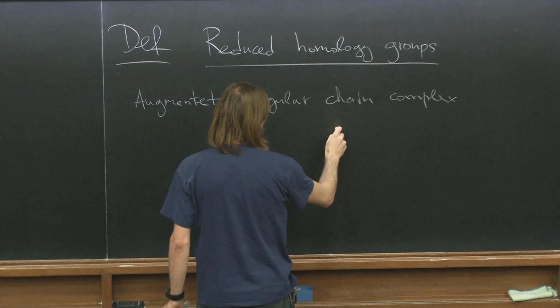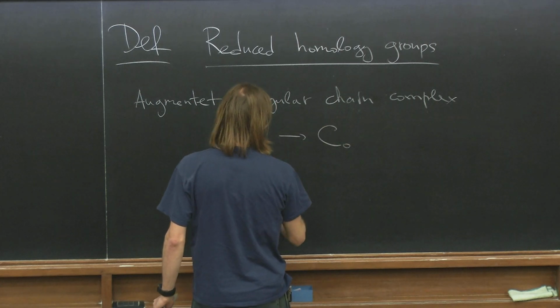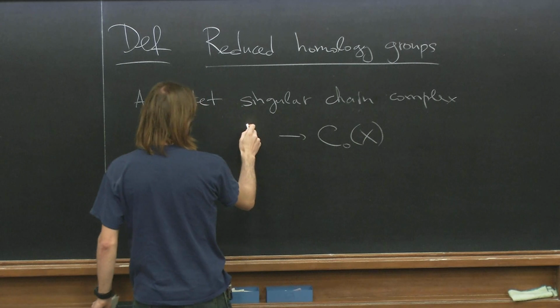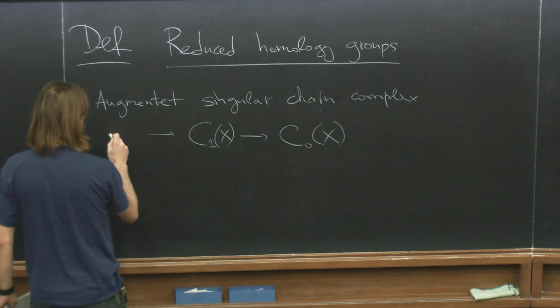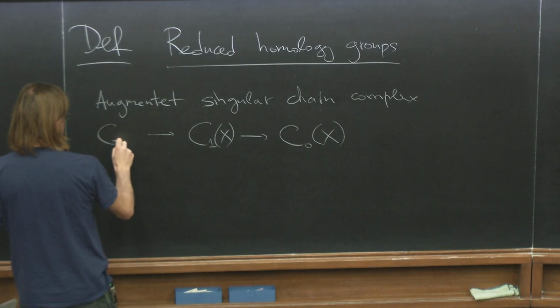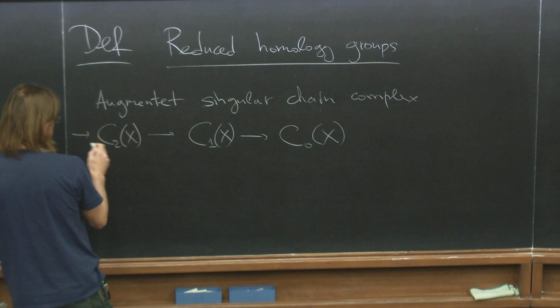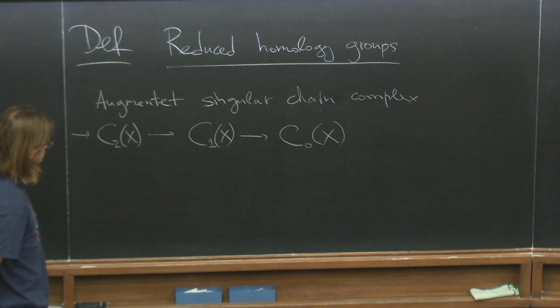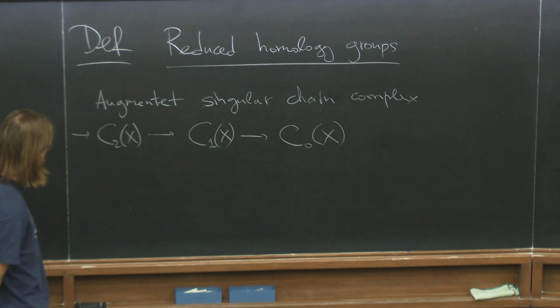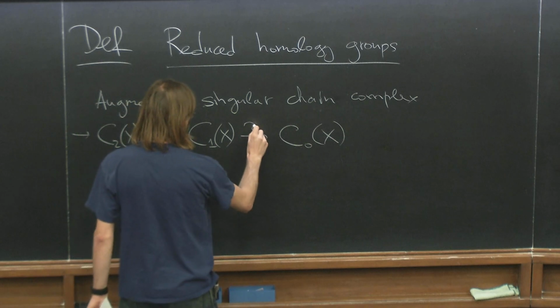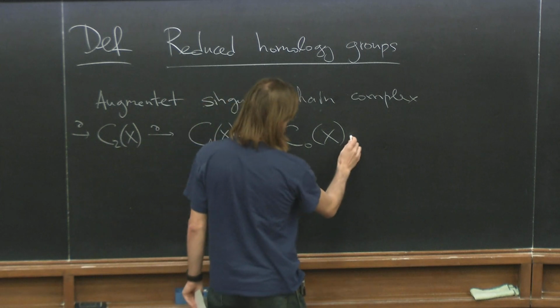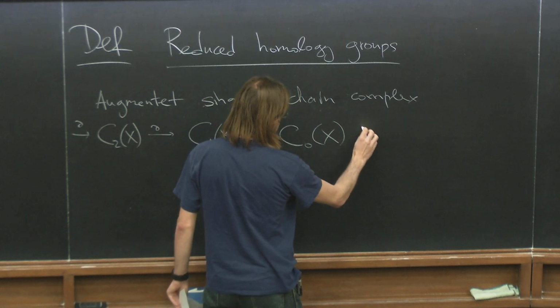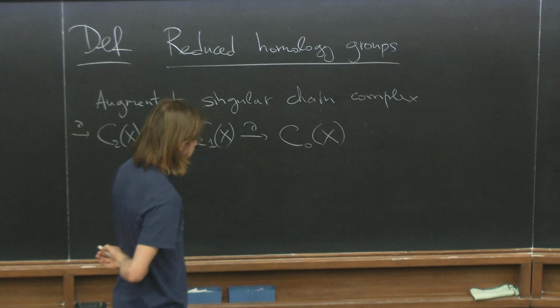Let's consider the same thing as we had before, just the usual chain complex, where the groups appearing are the groups generated by singular chains in X. These are our boundary homomorphisms. Before, we considered that the next d here takes us just to 0.